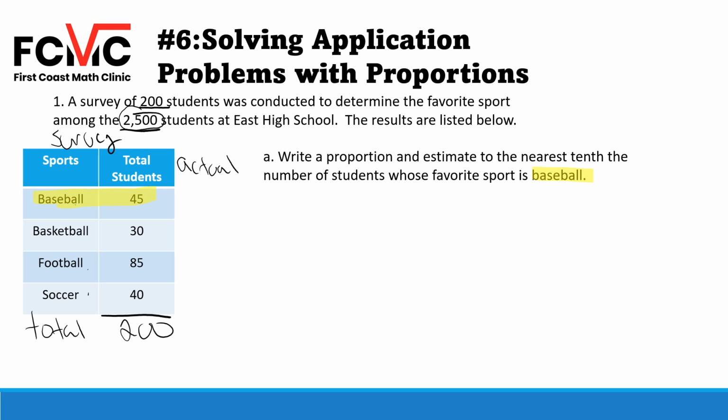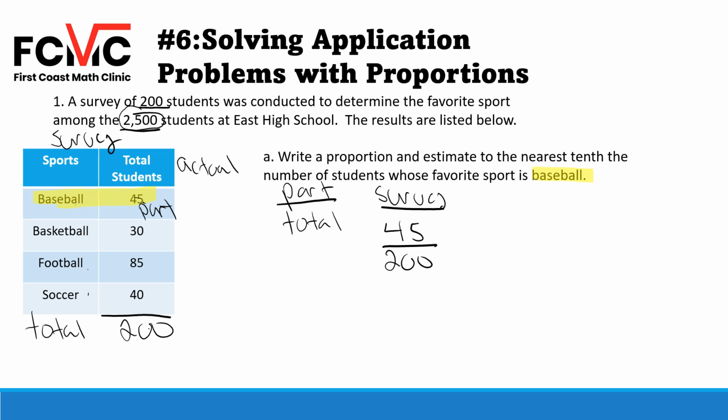To set up my ratio, I'm going to set up a ratio of our part to our total. Our part here is going to be that 45. So this is going to be for my survey data. So we have 45 people out of 200, because 45 people out of the 200 total said they like baseball.